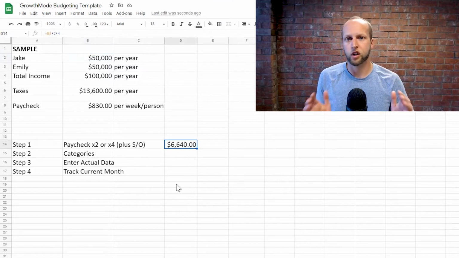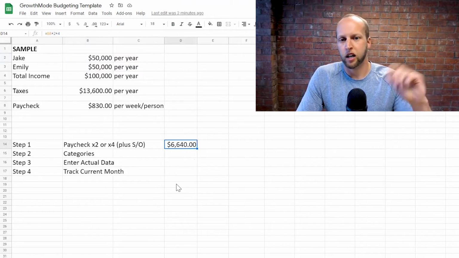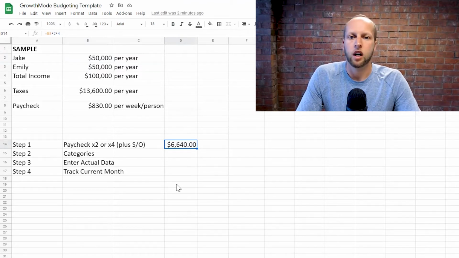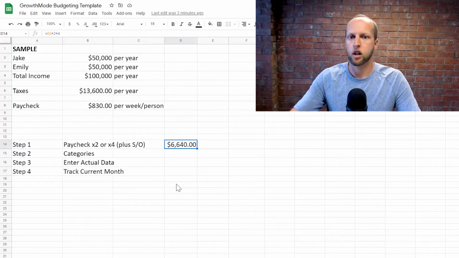So this is the first step in just trying to figure out, like, what do we have to work with? So this is going to be your number. You've already had withholdings taken out, and all the other stuff that you see on your paycheck, all those line items, those have already come out. And chances are, if you're contributing, if you have a 401k or something like that through your employer, then that would have already come out.